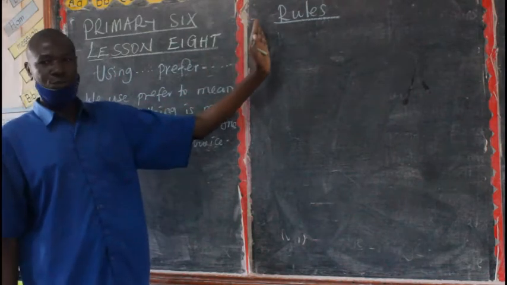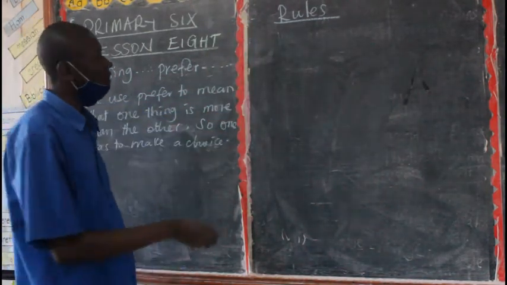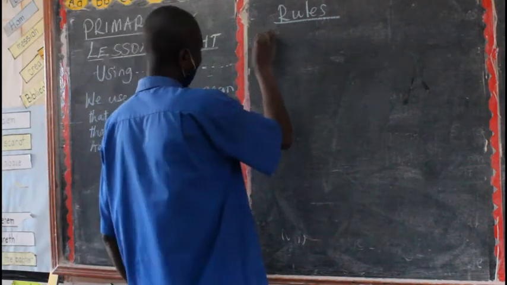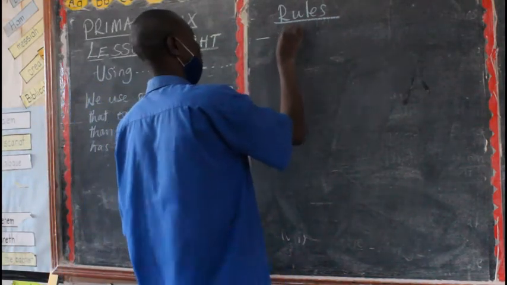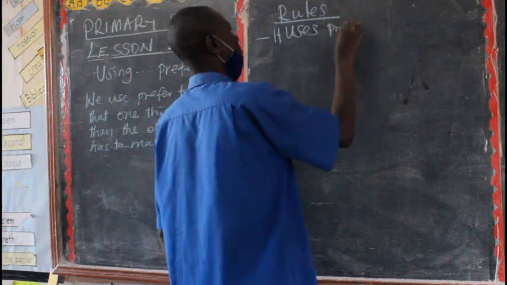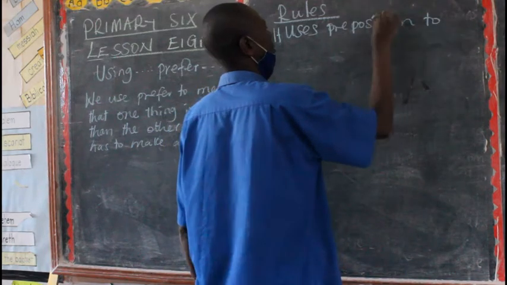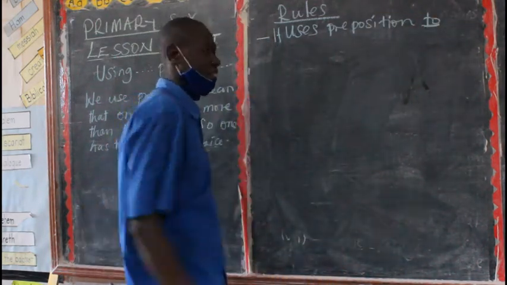Let's look at the rules of using the word prefer. Prefer has got some rules. One, the first rule, it uses the preposition to. That is the first rule.